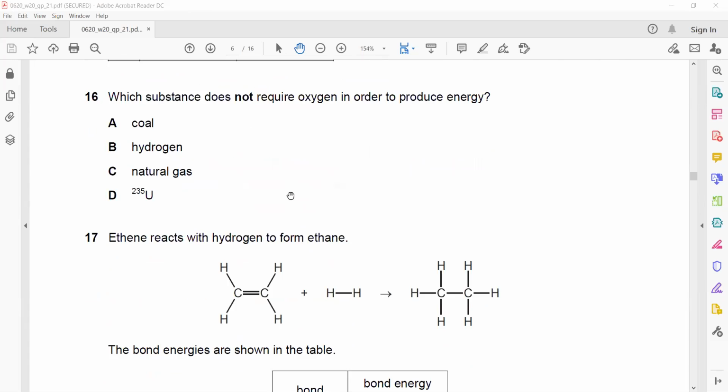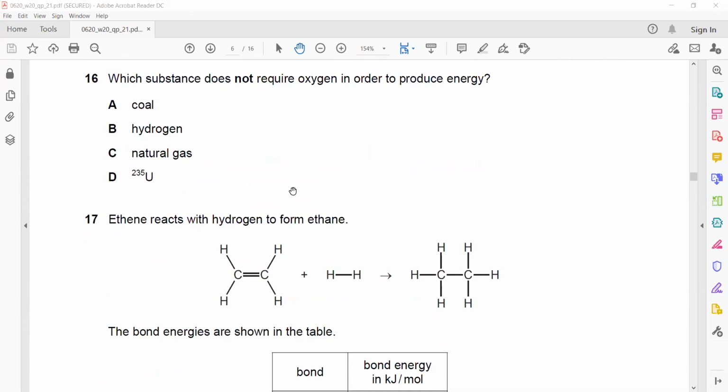Question 16. Which substance does not require oxygen to produce energy? D, nuclear energy.